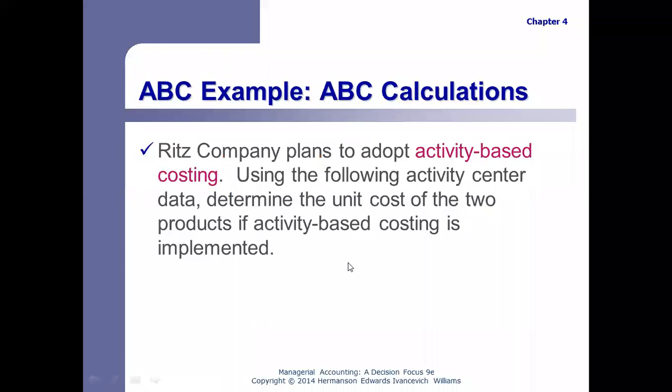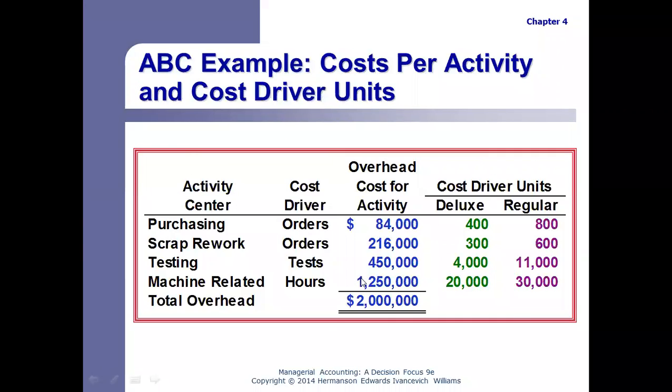On the other hand, this company is going to use activity-based costing instead. So rather than having a single predetermined overhead rate for the entire process, they're going to use activity-based costing. So they're going to have to break out what they do into different activities or steps in the process.